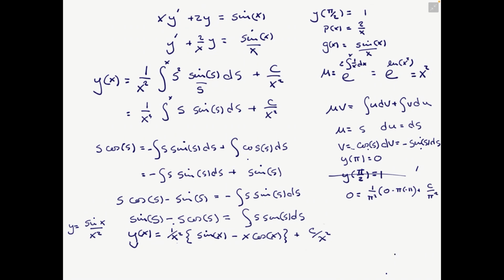So we have 1 on pi plus c on pi squared minus 1 on pi equals c on pi squared. So it's negative pi.